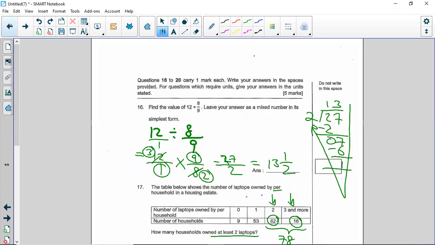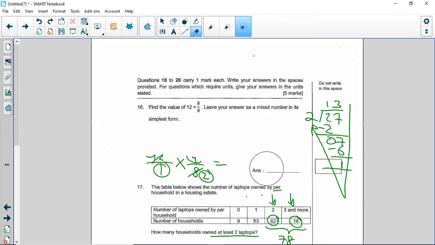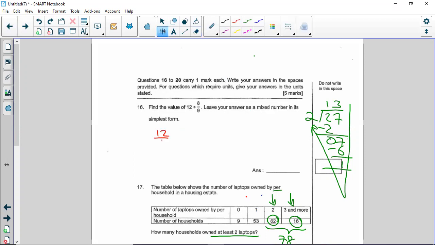Yes. So 12 you can divide by 2 and go to 6, and 8 divided by 2 equals 4. Okay, let's erase all this, and then Karina tell me again, and then I will copy down.